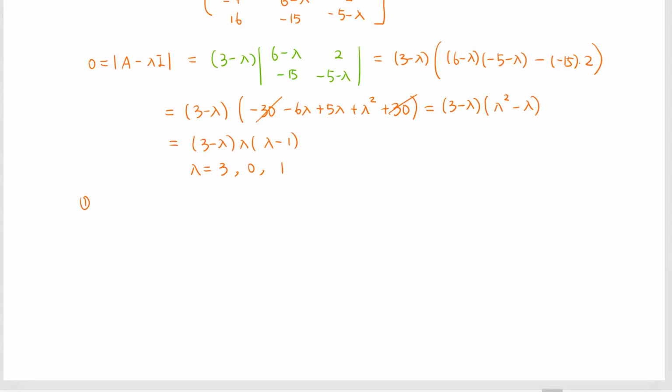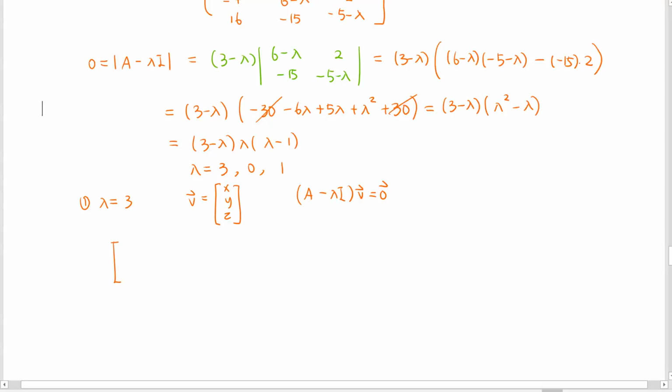So lambda equals 3. Okay, now we have a 3 by 3 matrix, so the v should be a 3 by 1 column vector. So x, y, z. And then we want to have A minus lambda I times v equal to 0. What is the coefficient matrix?